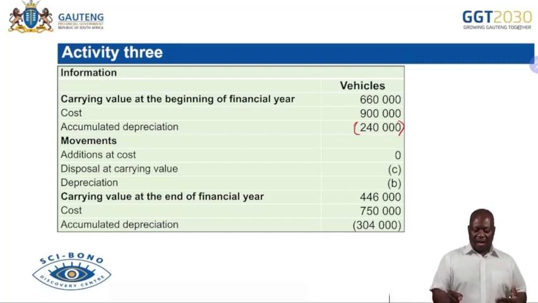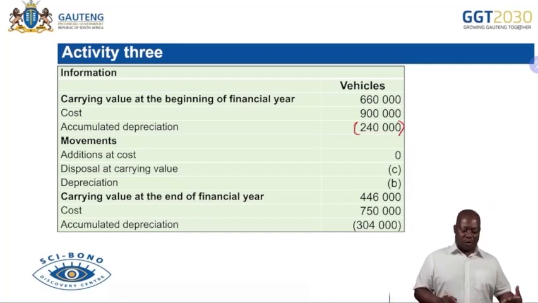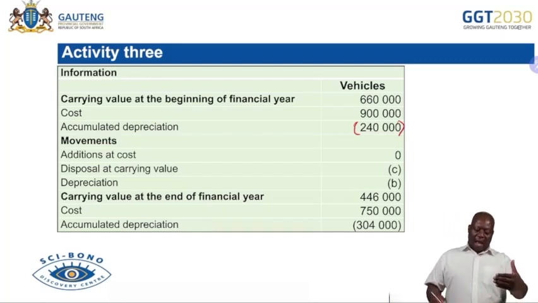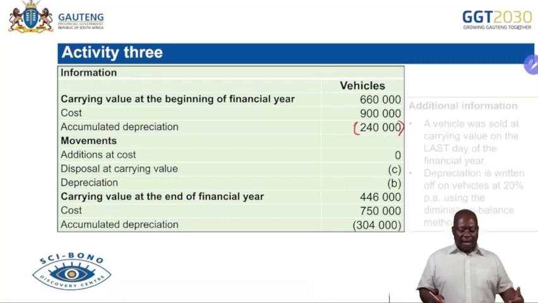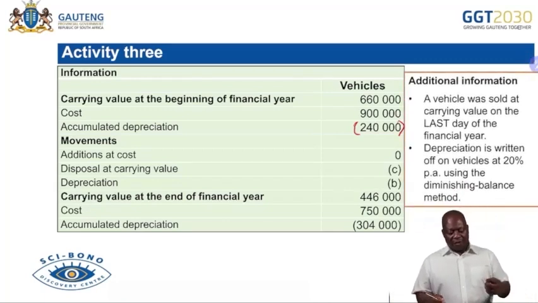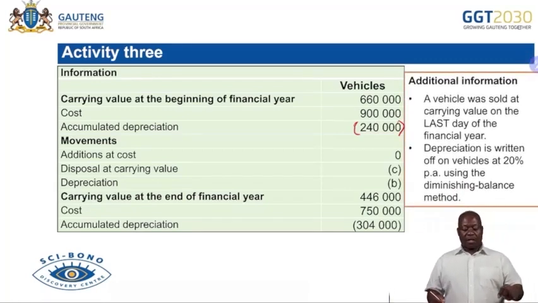I can see I had left some brackets on 240,000, but everything else is okay. Remember, the accumulated depreciation when we started was 240,000. And the accumulated depreciation when the year ended was 304,000. And then, something also that you need to know is disposal at carrying value.